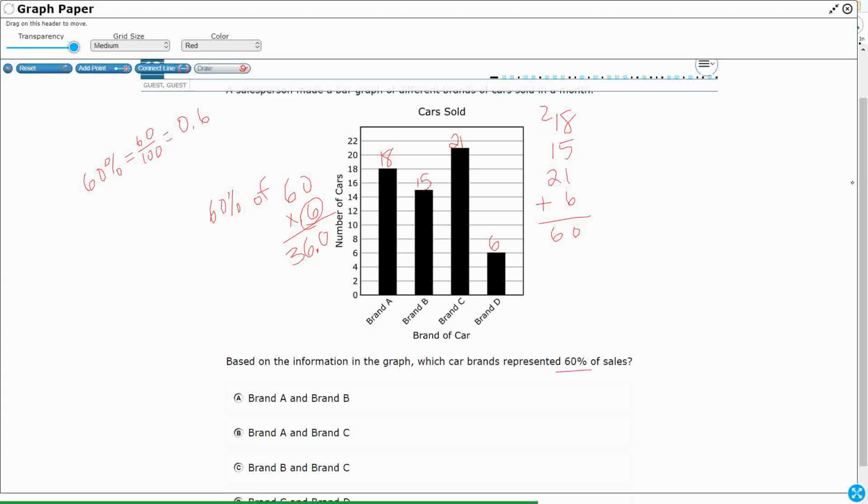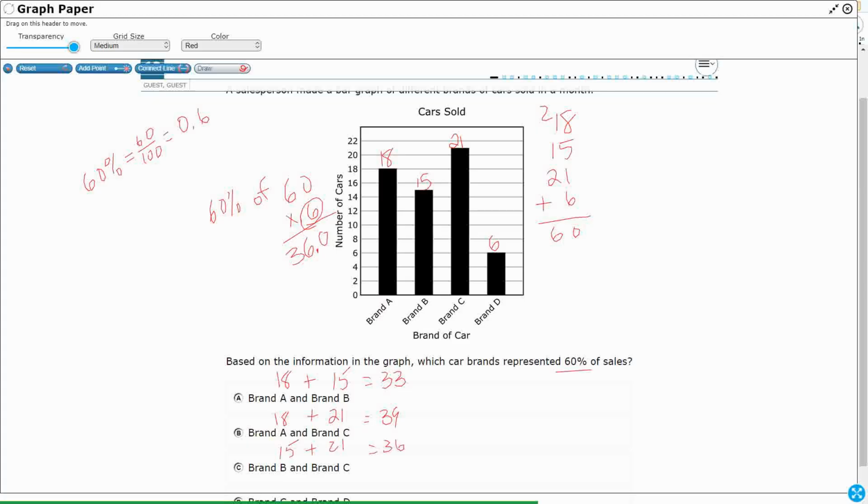We're looking for two of these that add up to 36. So let's look at brand A and B, right? 18 and 15, right? That is going to equal 33. Close. Brand A and C, 18 and 21, right? That is going to be 39. Too high. Brand B and C is 15, 21.